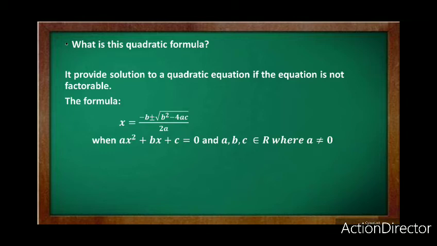The quadratic formula is x equals negative b plus or minus the square root of b squared minus 4ac, over 2a, when ax squared plus bx plus c equals 0 and the values of a, b, and c are elements of the reals where a should not equal 0.